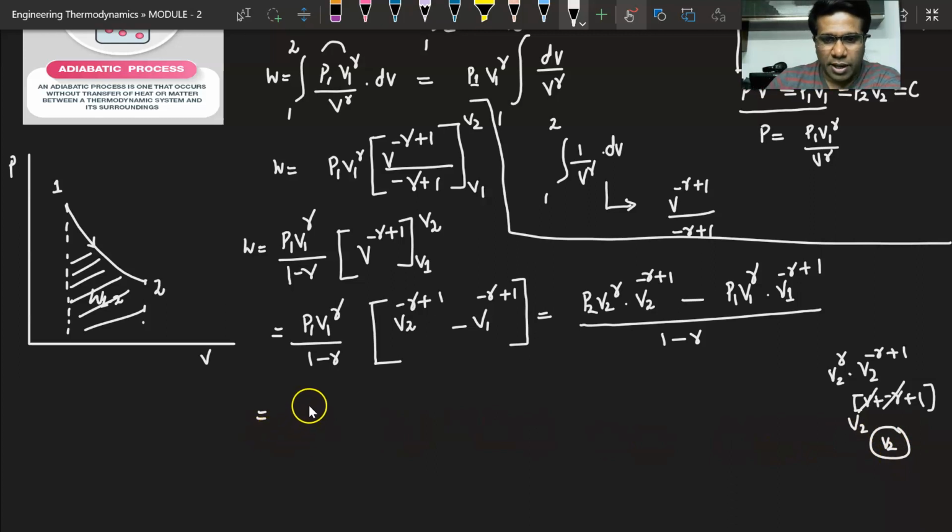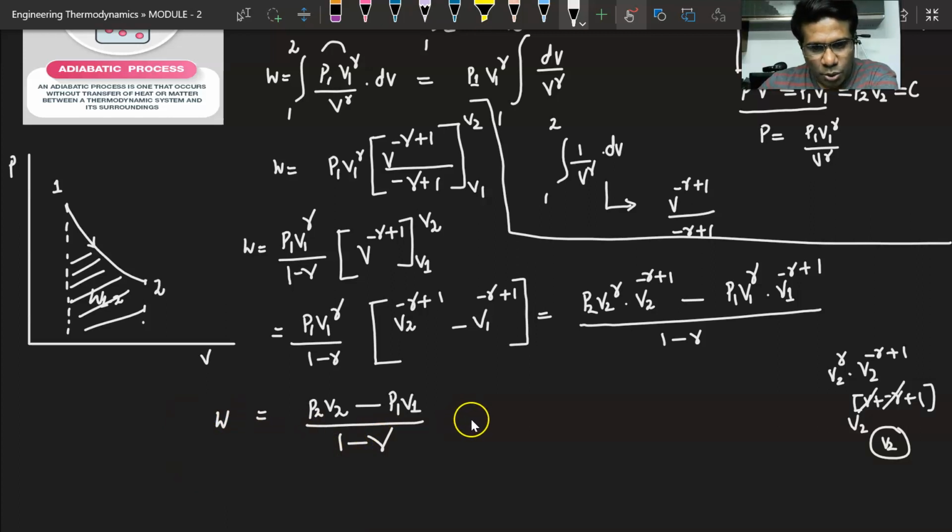Therefore I can write this as P2 V2 minus, and the same will happen here: V1 raised to gamma into V1 raised to minus gamma plus 1, gamma gets cancelled, so this becomes P1 V1, all by 1 minus gamma. So this is a standard equation for W.